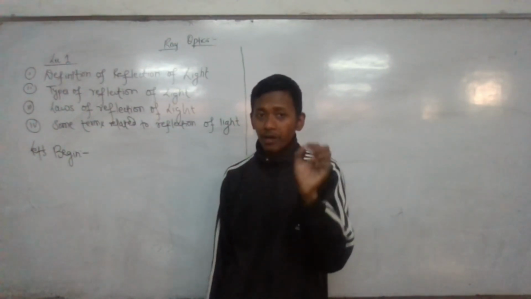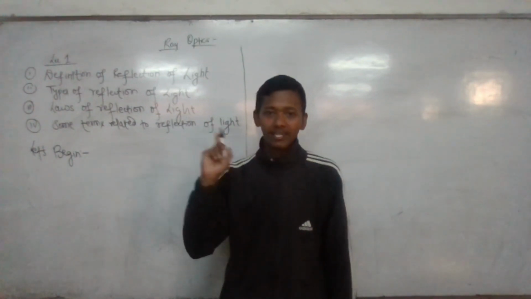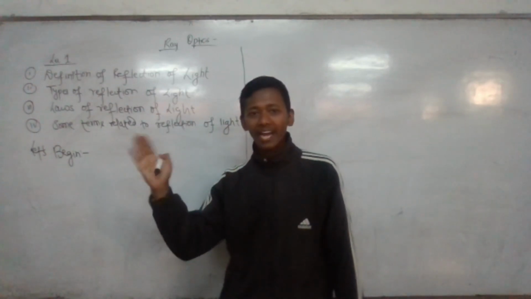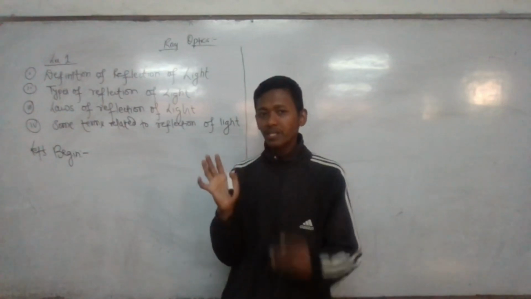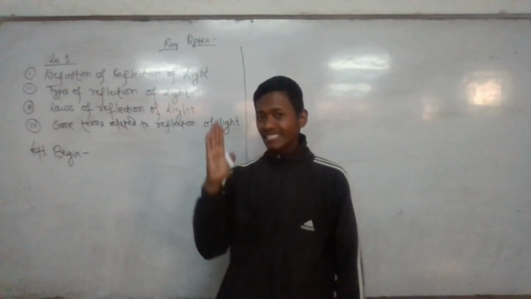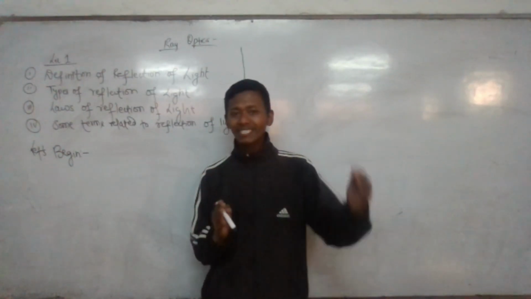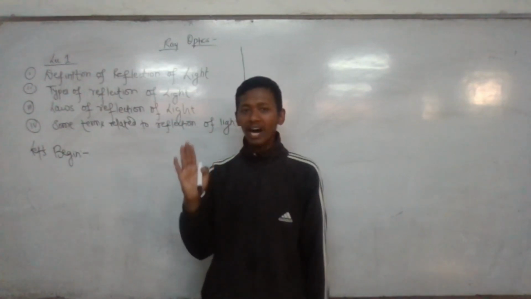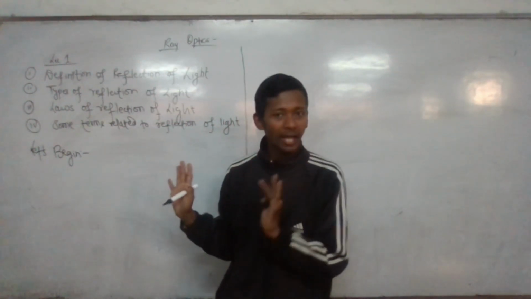But the main thing which reflects is the silver, which is polished behind the mirror. Metal silver is polished on one end of the glass, and the other end is made as it is for reflection.